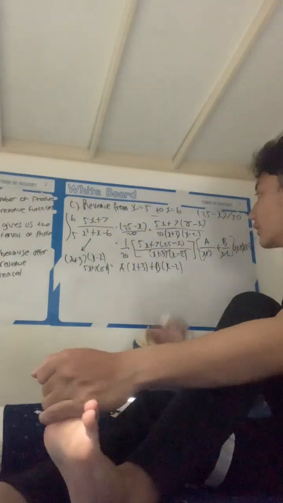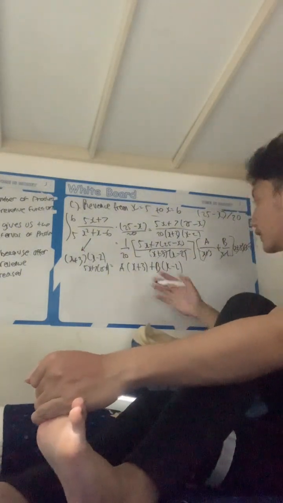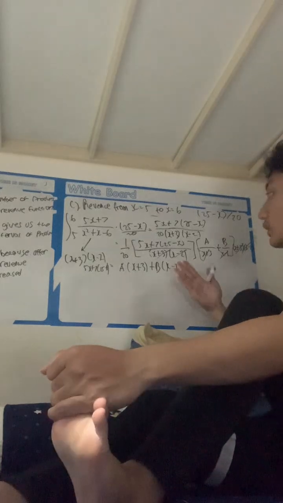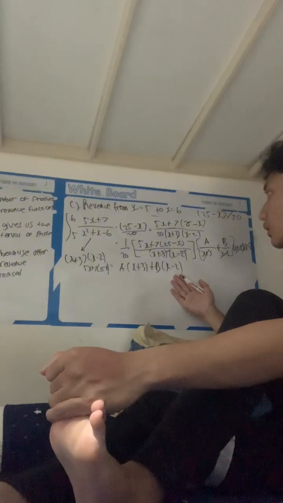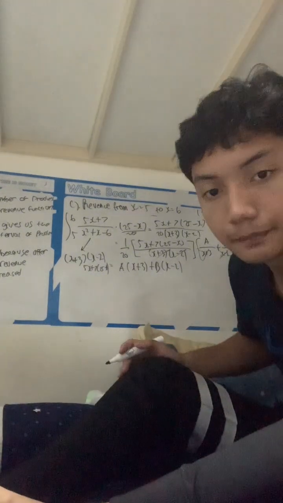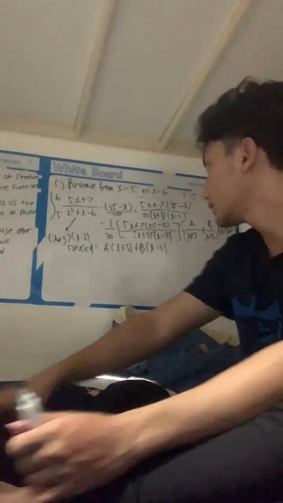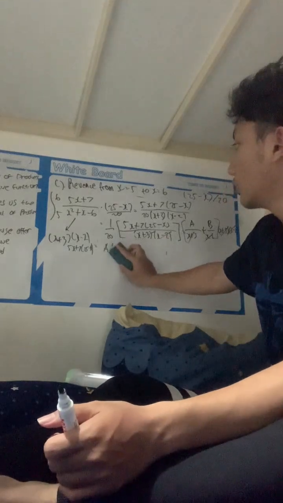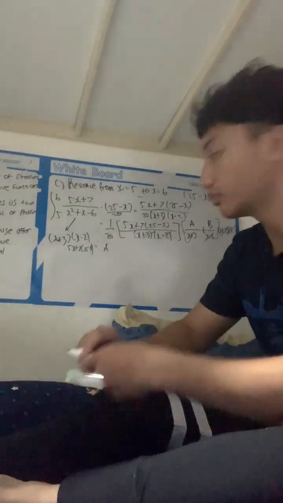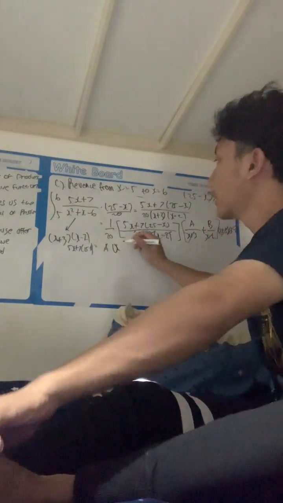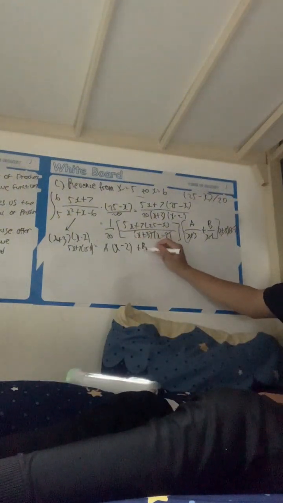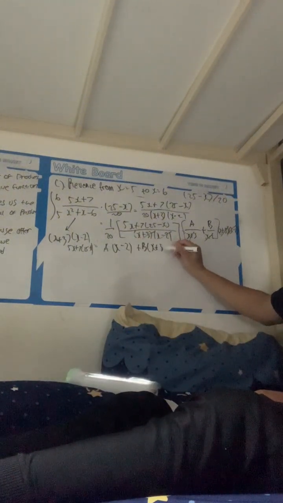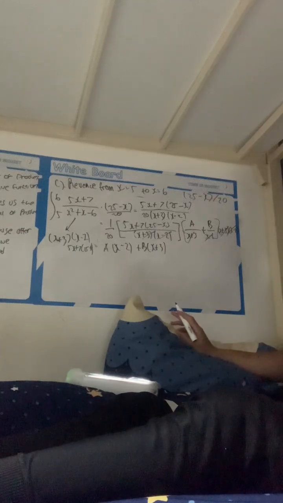So again we're gonna find the a first, so we're gonna delete the b right here. My apologies, so the a should be x minus 2 and the b should be x plus 3 right here.